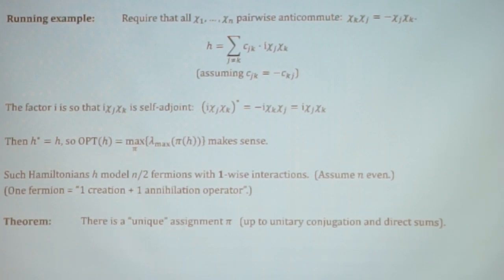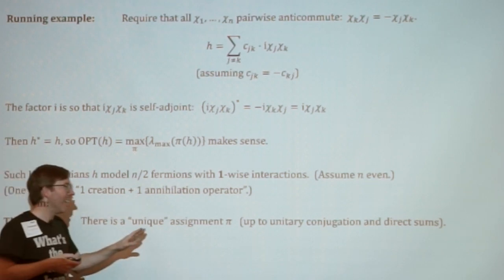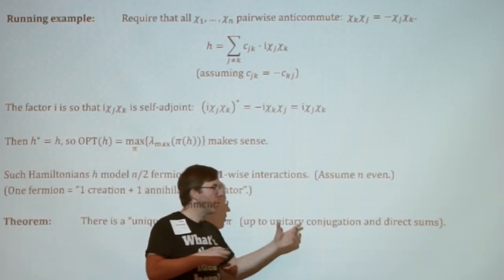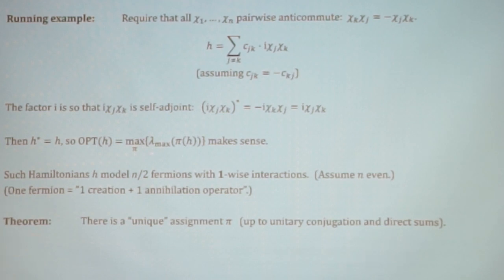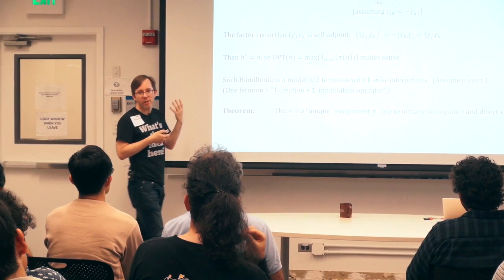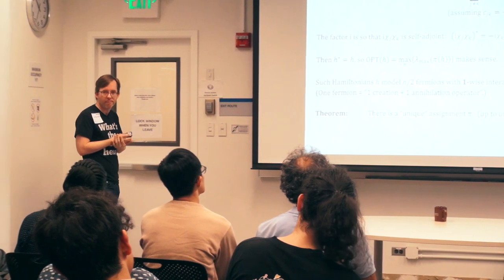But basically, there's only one, up to unitarily conjugating all the matrices simultaneously, which doesn't change the maximum eigenvalue, and also up to stacking them in a direct sum fashion, which also doesn't change the maximum eigenvalue. So in some sense, in this problem there's no search aspect to it. You have to understand an exponentially large matrix represented in this implicit way.